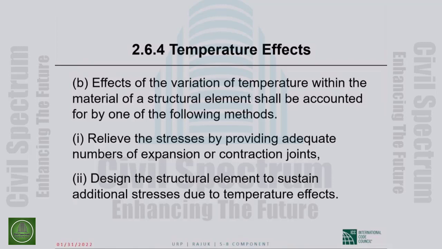So we avoid joints to the extent possible. Yeah, they are a possible solution, but they are not a good solution. The second is, design the structural element to sustain additional stresses due to temperature effects.